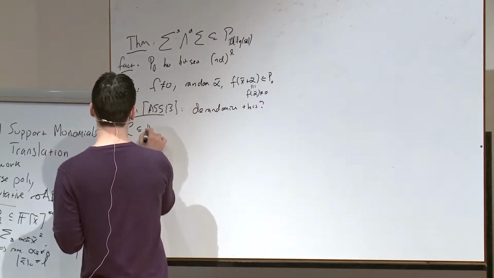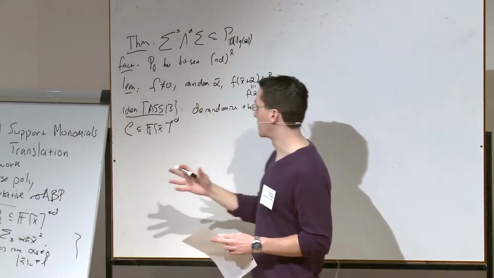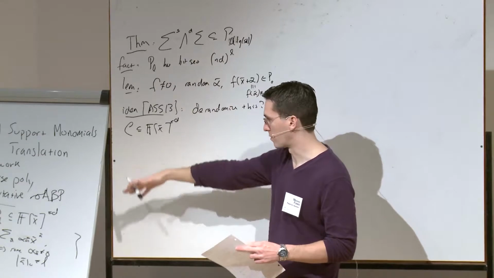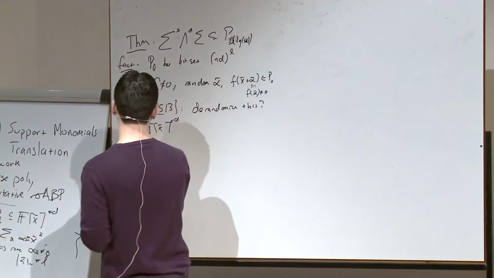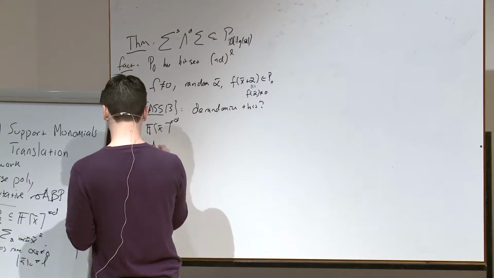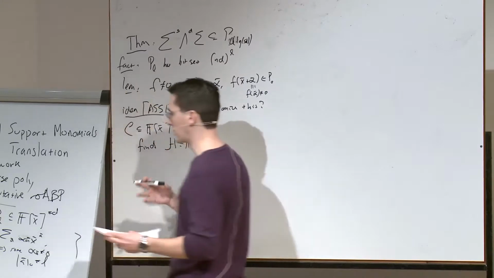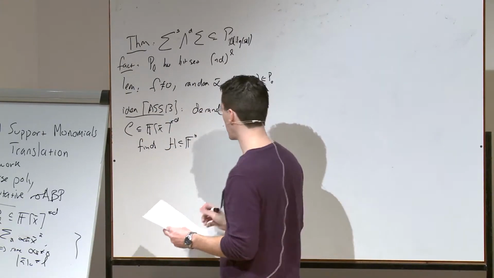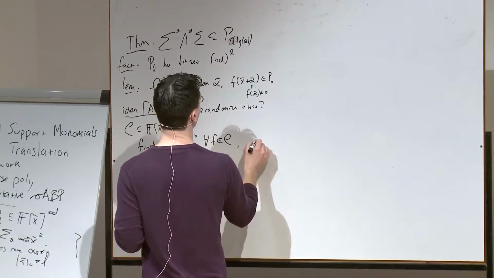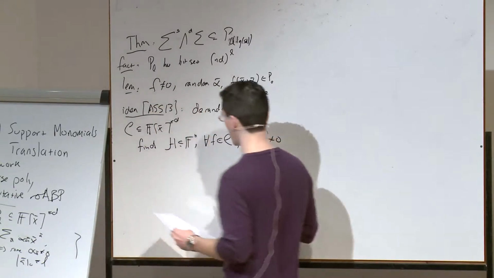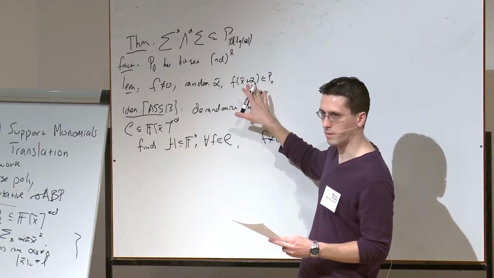Suppose you have a class C, right? This is some class of polynomials of degree at most d, something like depth three, or commutative, or maybe read-once, or sparse polynomials or whatever. What we want to do is find some H, which is not really a hitting set in this case, but I'm going to use the same term. It says that for all f in C, if f is not 0, then there's some translation in H that puts you in some p sub l.